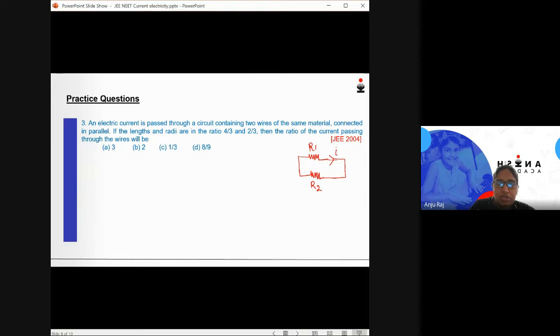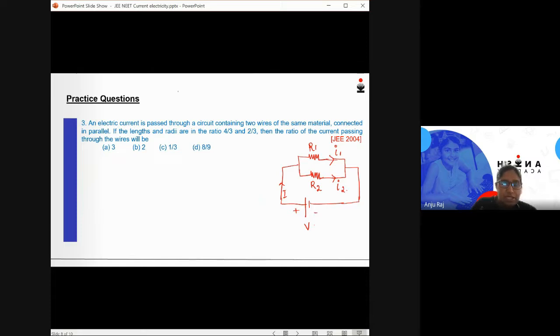So the current through them will be different, that is I1 and I2. The potential difference will be the same. That is V. Or here the potential difference will be V1 and V2, which will be the same V itself. So here what they have told, the length and radii are in the ratio 4 by 3 and 2 by 3.